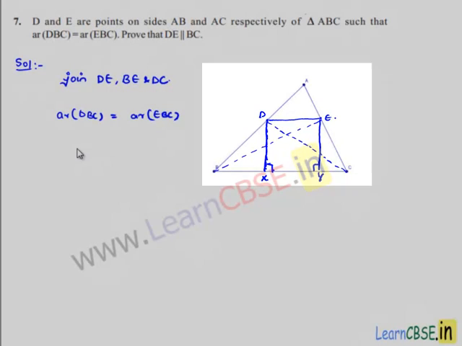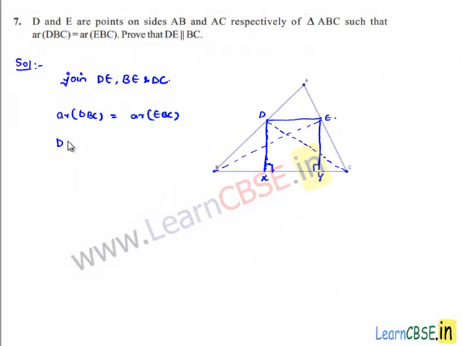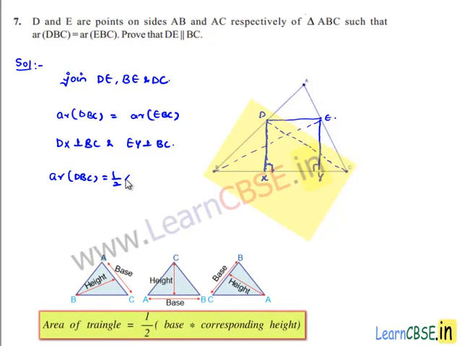Now we get area of triangle DBC is equal to half times base, that is BC, into height DX, and area of triangle EBC will be equal to half times BC times height EY.